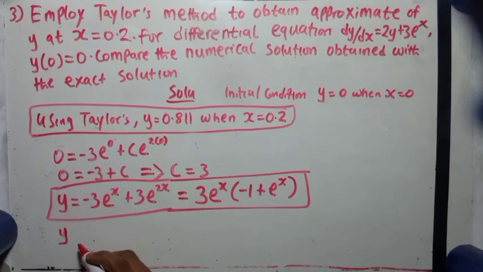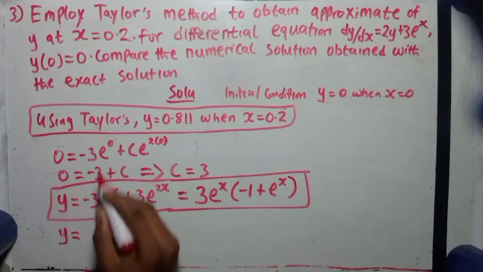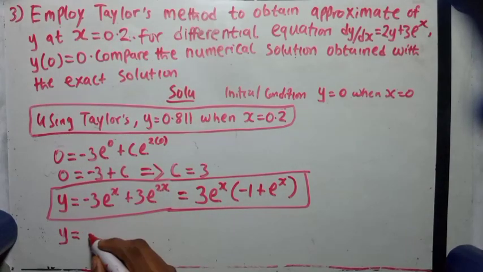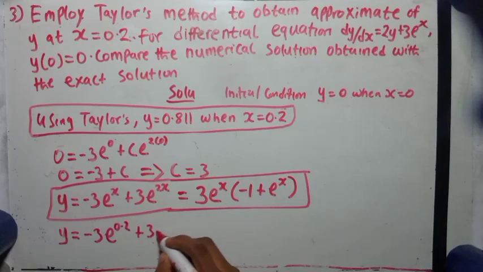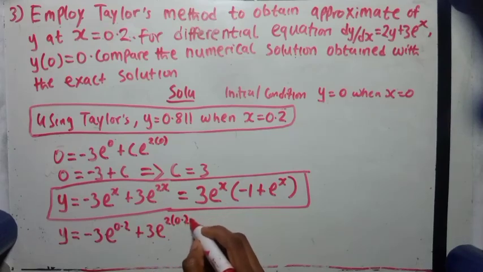So y when x is 0.2 will then give us minus 3 exponential 0.2 plus 3 exponential 2 times 0.2.